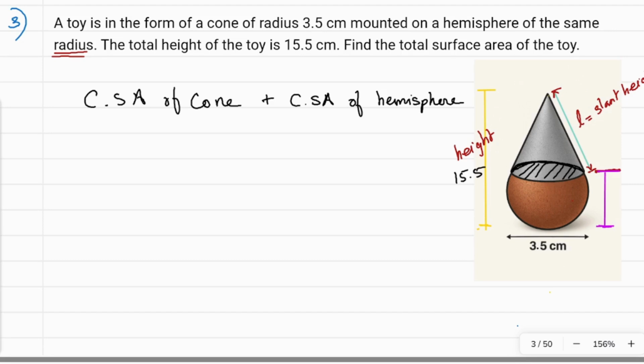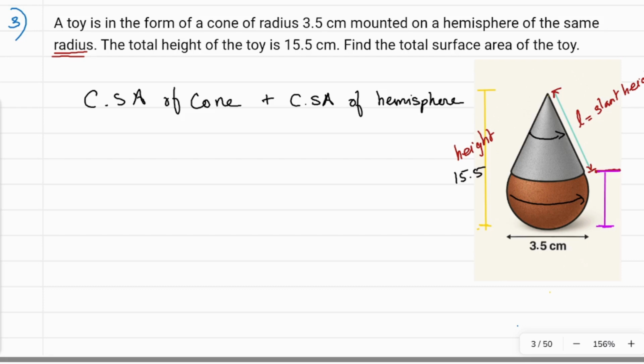We don't need to add these regions because they are going inside the toy, right? This is not a required part here. We only want to find the total surface area of the toy, meaning the area of this curved surface plus the area of this curved surface which we can see with our eyes, right?